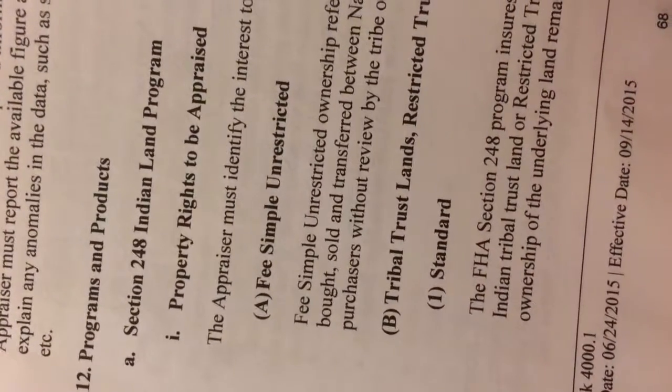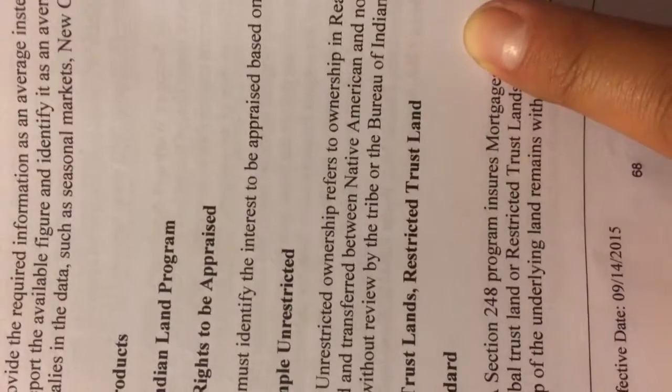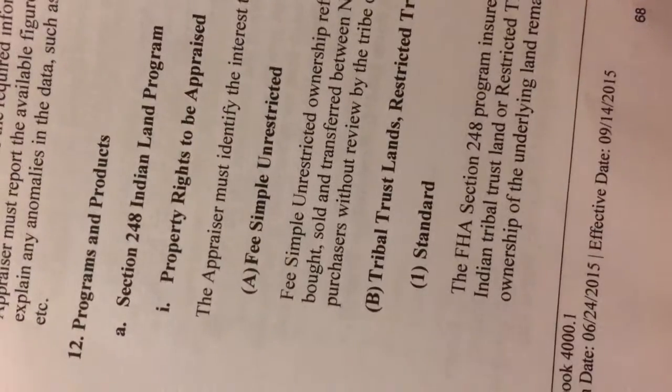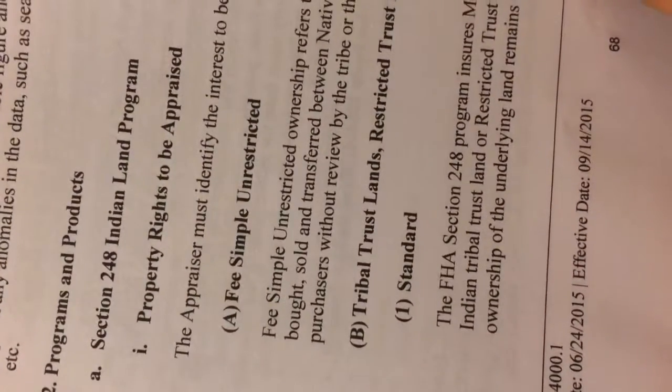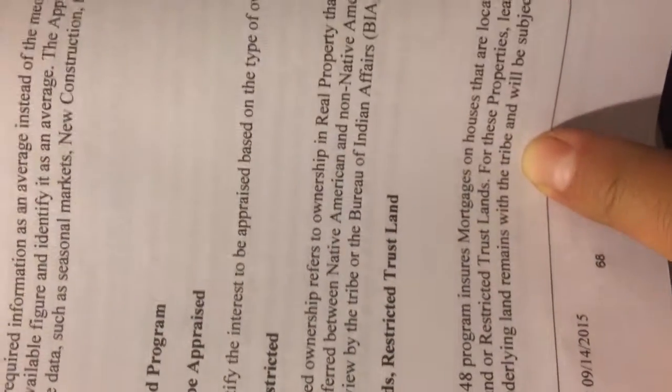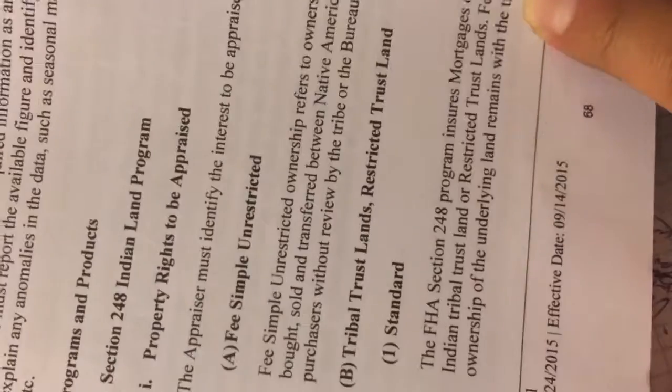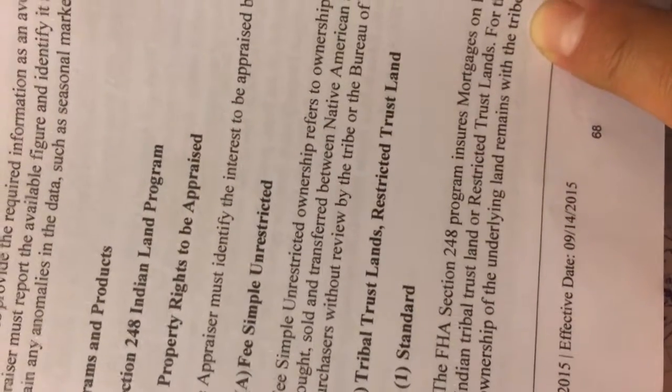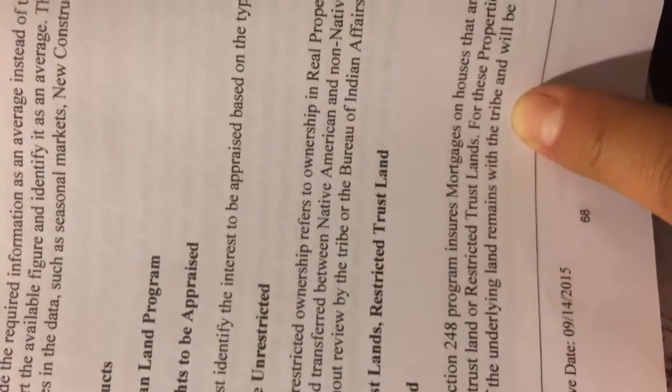B. Tribal trust lands, restricted trust land. Standard. The FHA Section 248 program ensures mortgages on houses that are located on Indian tribal trust land or restricted trust lands.